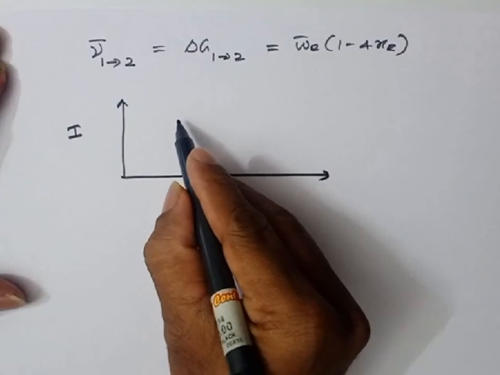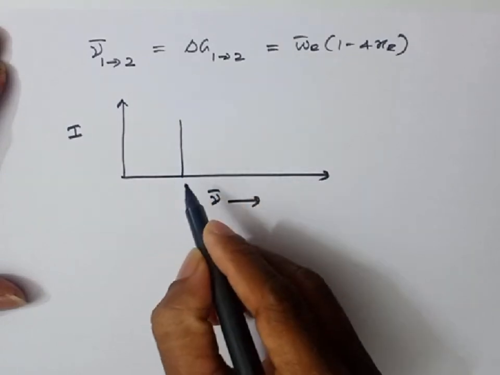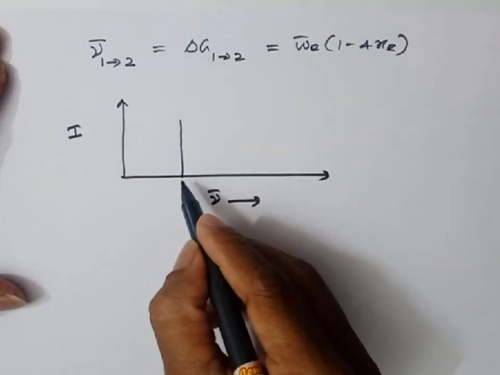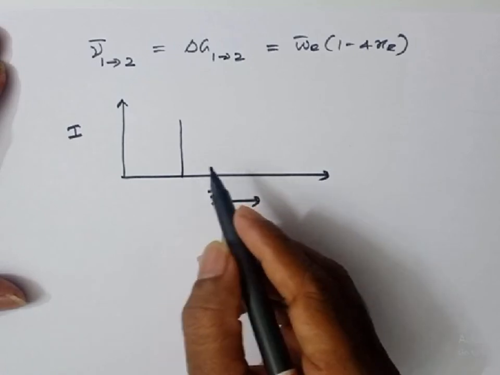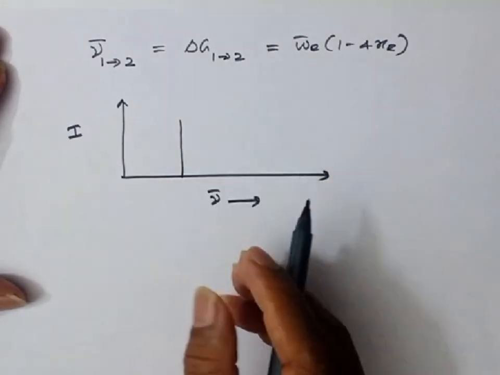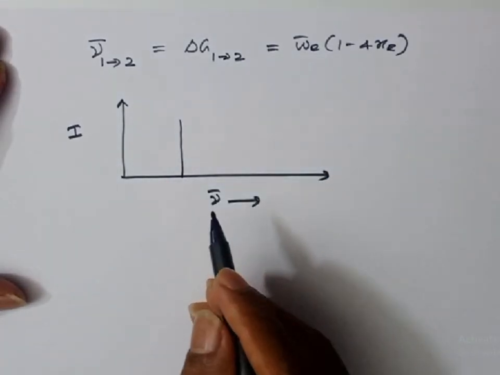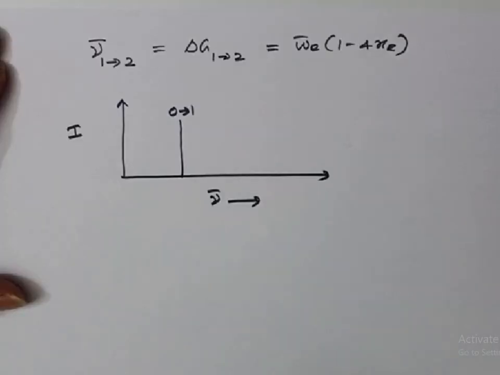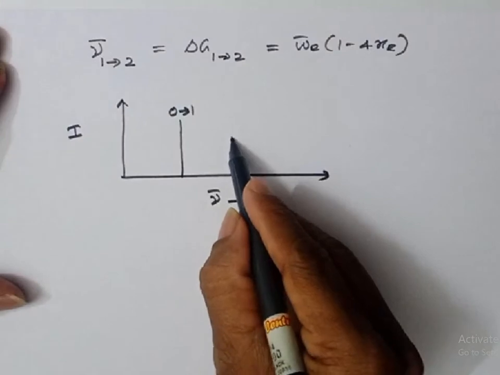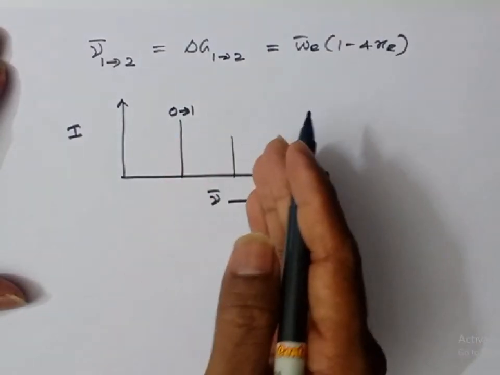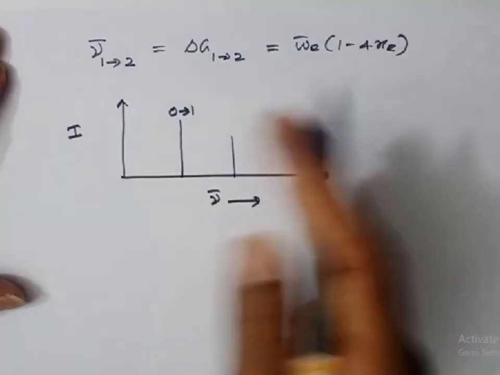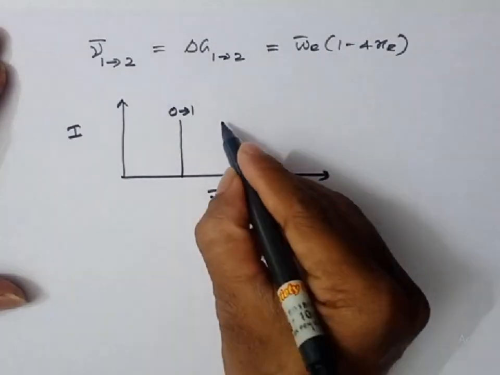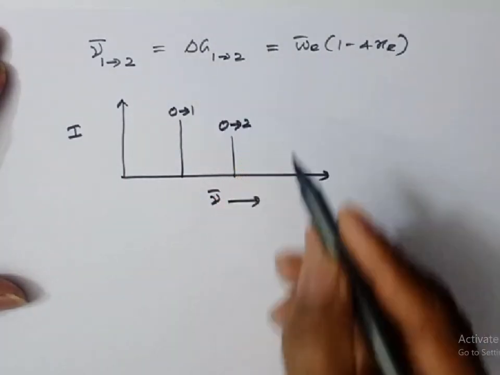Right, the fundamental transition appears at a frequency which is roughly equal to omega E bar. I have told you already, which is closely equal to omega E bar. So this transition corresponds to 0 to 1, the fundamental vibrational transition. Then the first overtone transition will appear at roughly twice the omega E bar. So this is the first overtone transition.